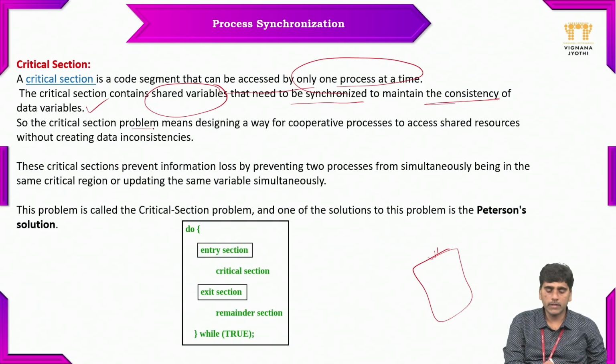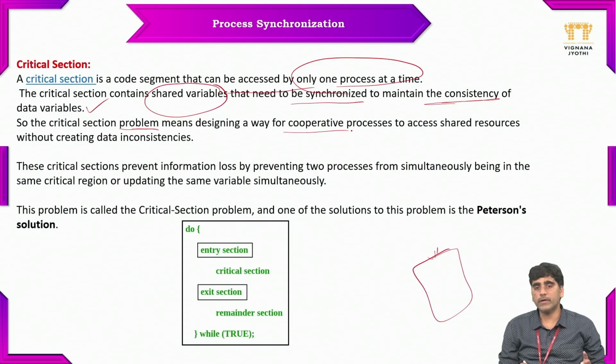The critical section problem means designing a way for cooperative processes to access shared resources without creating data inconsistencies.